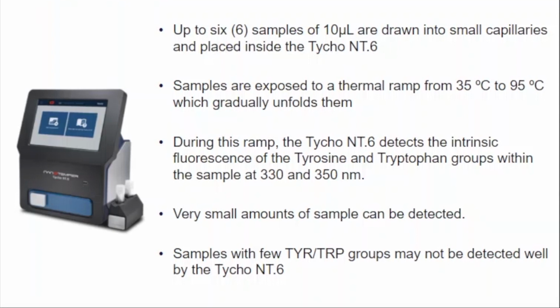But I would note that this relationship is dependent upon the number of tyrosine and tryptophan groups in the protein. Samples that do not have many of these groups may not be detected well by the Tycho, though I personally have had success with as little as one tyrosine or tryptophan.